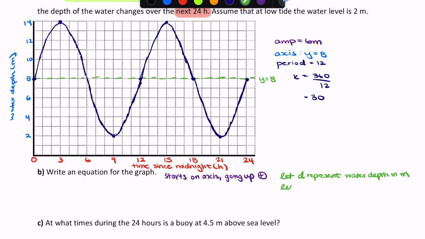And we'll let t here represent time in seconds.